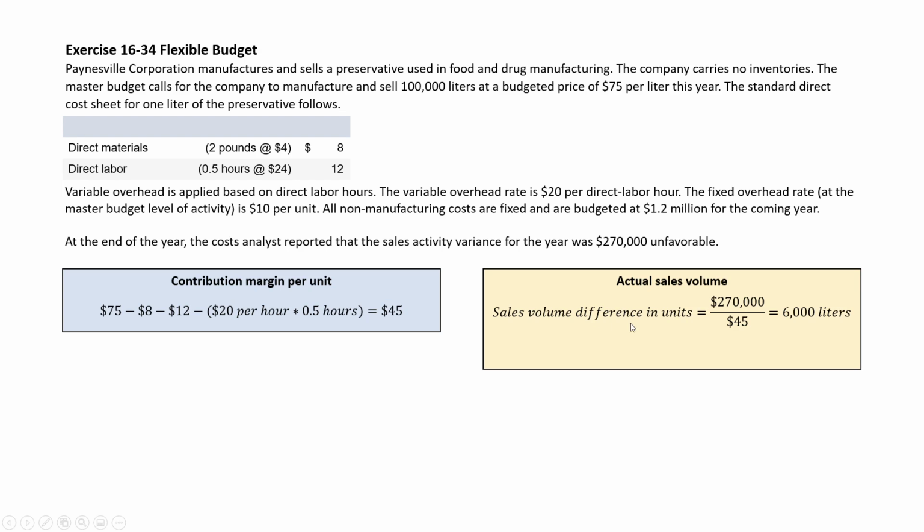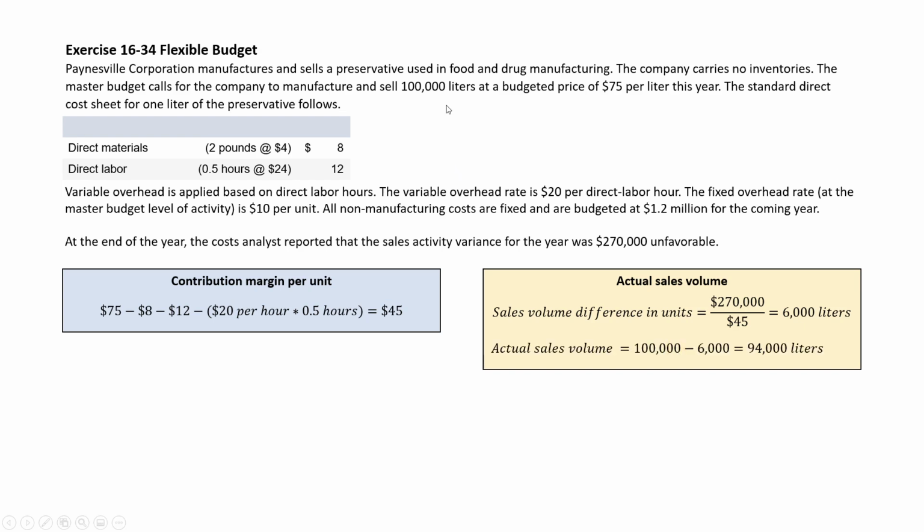I'm getting there. Total contribution margin sales activity variance would have also been $270,000. If we divide that by the contribution margin per unit of $45, we've now finally keyed into the activity difference between the master budget of 100,000 and the actual activity level, and that's 6,000 liters.